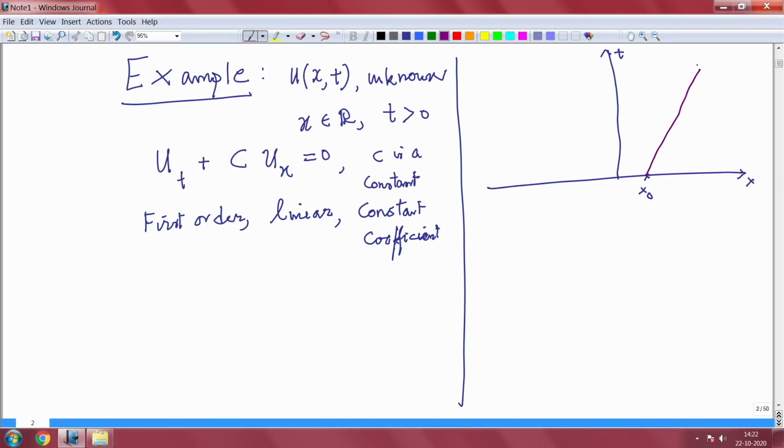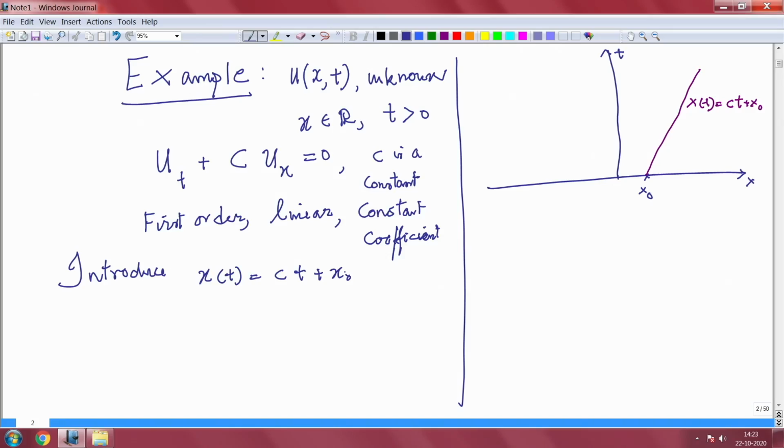That line is nothing but x of t equal to c t plus x naught. So, I am introducing a curve here.